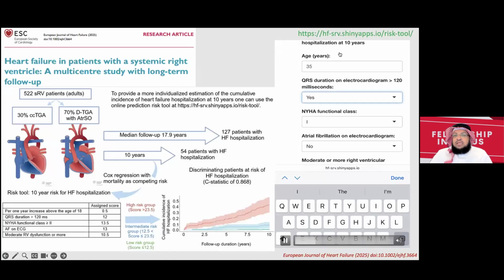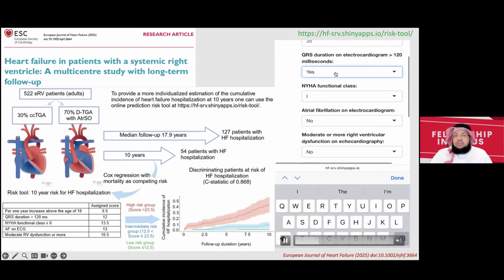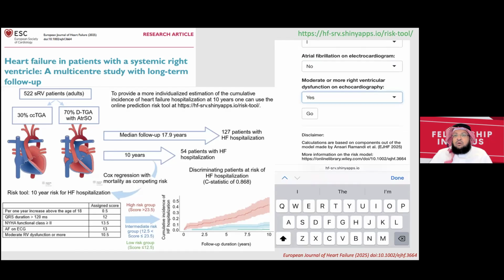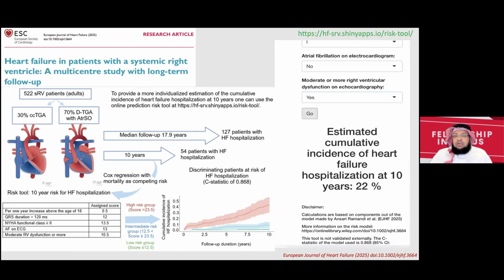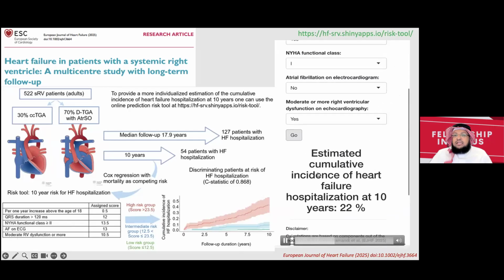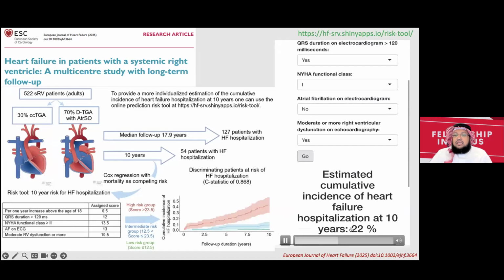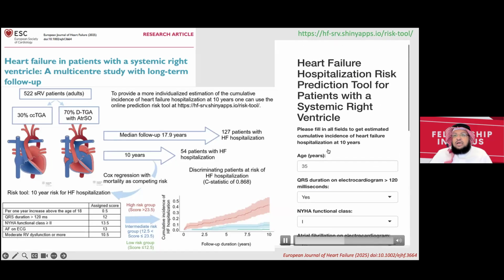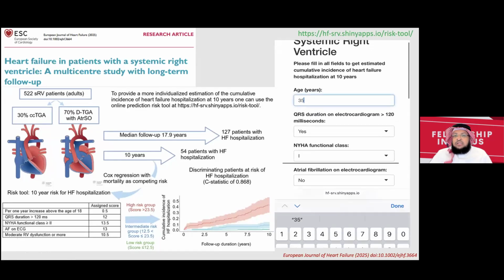Based on the age, QRS duration, functional class, presence of atrial fibrillation, and moderate or more ventricular dysfunction, it will give you the score and the estimated cumulative risk for heart failure within 10 years.